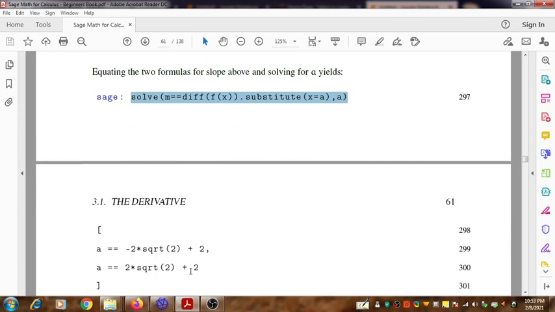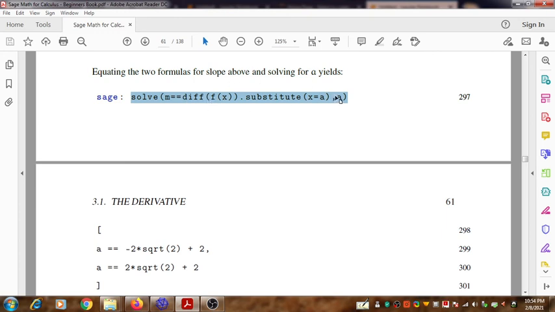We want to solve this. You can see the use of the solve command. The solve command can be used to solve an equation by specifying a variable. Here in this command you can see a is specified as a variable. Inside the bracket two expressions are there, which are separated by a comma.